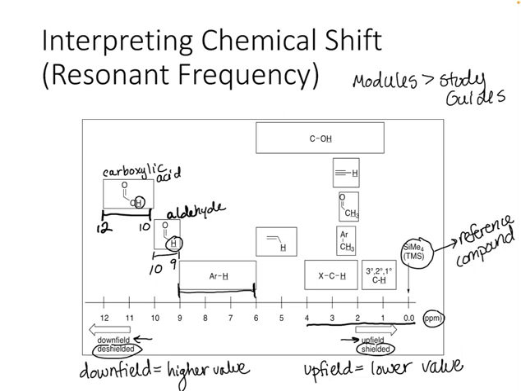And you'll notice that there's actually a wider range here. From 6 to 9 ppm, that's where the benzene ring protons will show up, or aromatic protons, they're called.